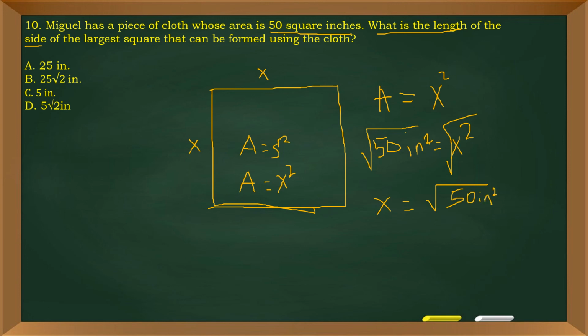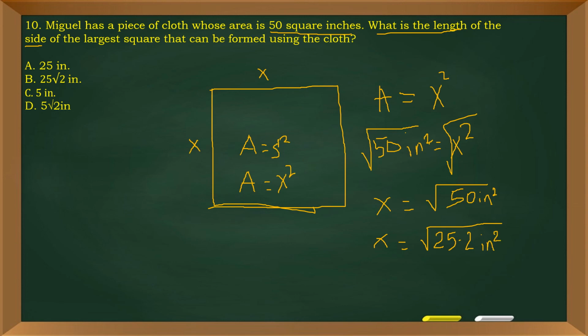Okay, but again, 50 is not a perfect square. So wala siyang integral na square root. Kaya i-factor na lang muna natin siya sa paraan na yung isang factor niya ay pwedeng square root. So in this case, 25 times 2 square inches. Ayun.